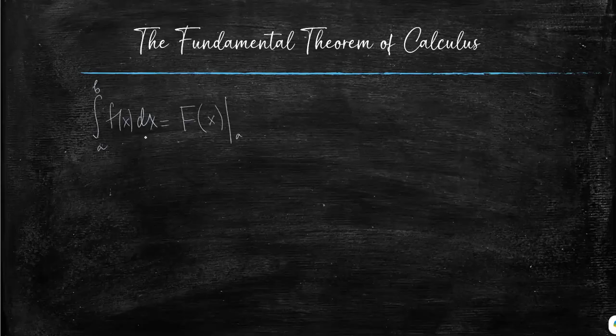So we can use indefinite integral to express definite integral. However, it is not a one-way street. It is also possible to use definite integrals to express indefinite integral somehow. How exactly? Well, let me show you.